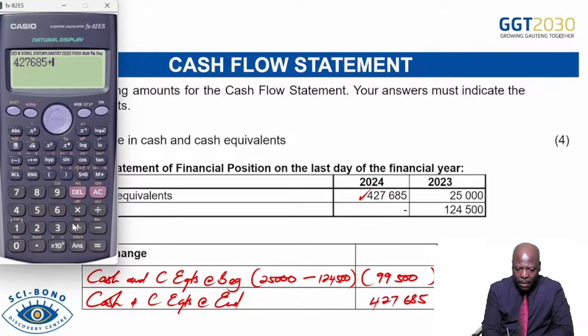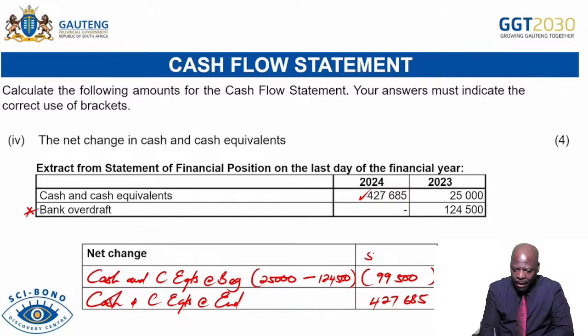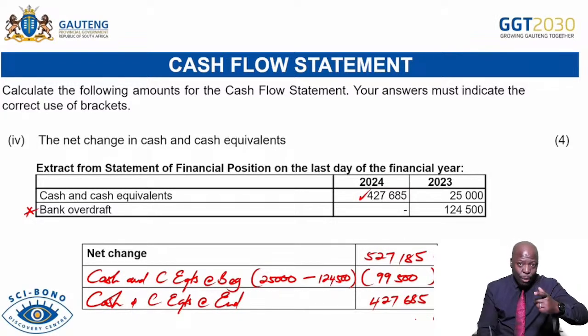Then I'm going to say the opposite of that, so it's going to be a plus 99,500, and it gives me 527,185. You must be able to prove it going down as well. If you say 527 minus the 99, it must give you a positive 427,685. So the idea is to do the opposite of the sign.